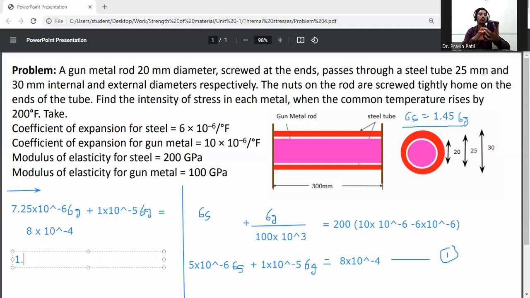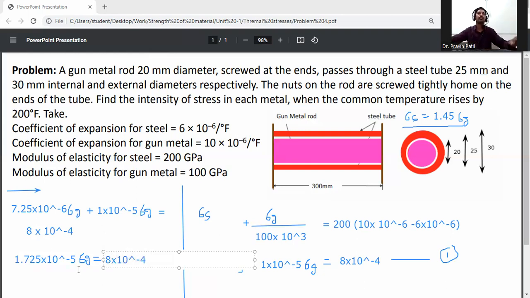So 1.725 into 10 raised to the power minus 5 into sigma g is equal to 8 into 10 raised to the power minus 4. We will get sigma g, stress in gun metal.